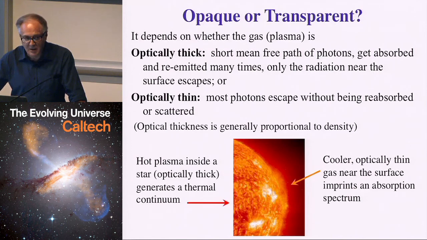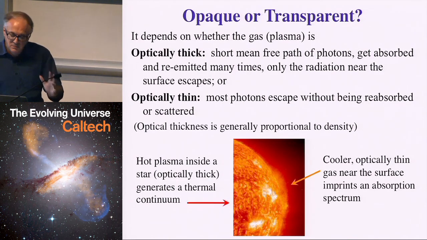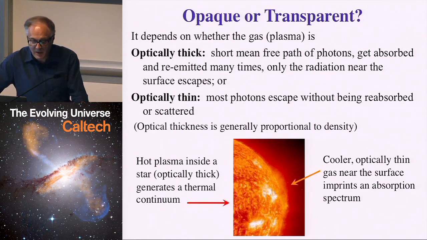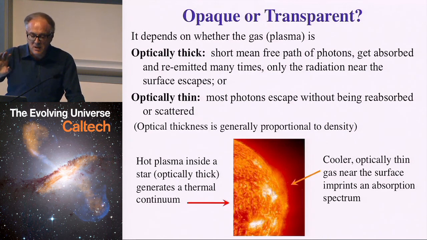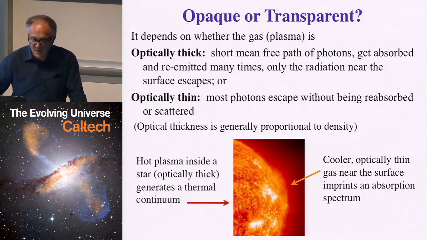Generally speaking, optical depth tends to be proportional to the density, so denser plasma will tend to be more opaque, and that governs a lot of the physics of what happens inside the stars. So typically, a star is a ball of hot gas or plasma, and in its interior, it's optically thick. So when you're looking at a star like the Sun, you're seeing a continuum source that has a certain temperature at its surface, like 6,000 degrees Kelvin.